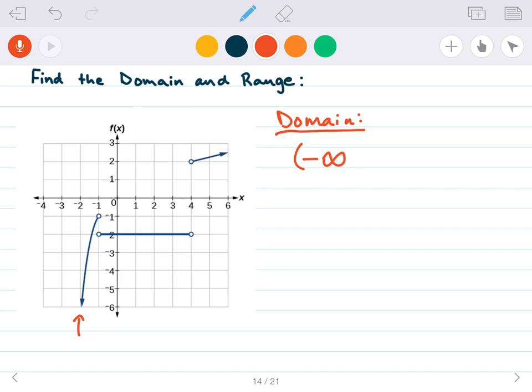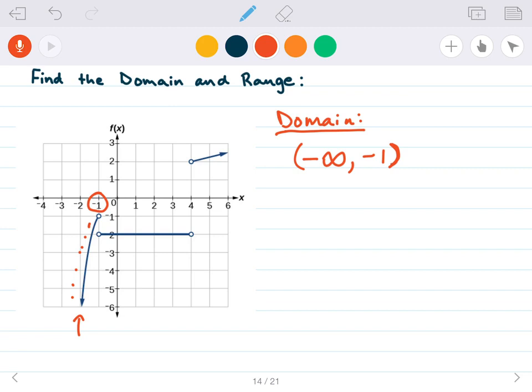Then it creeps up and stops right here at x equals -1. Since there are open dots on both of these parts of the curve, we're not including -1 here, so we use parentheses to denote that -1 is not included.